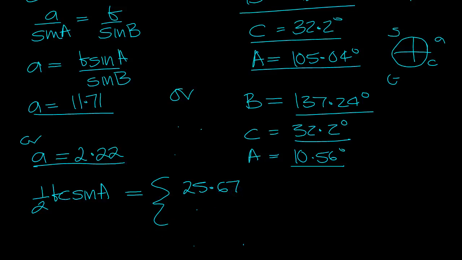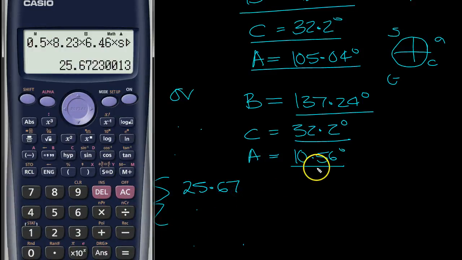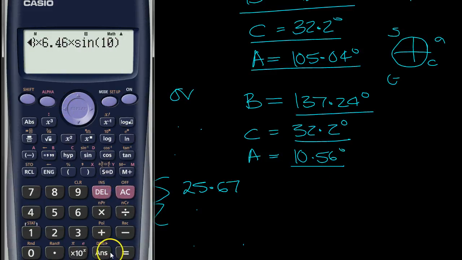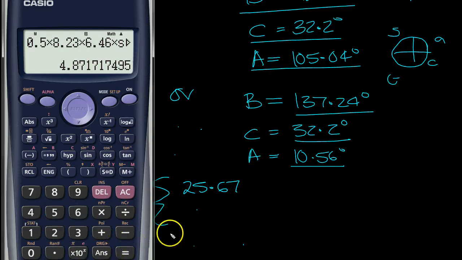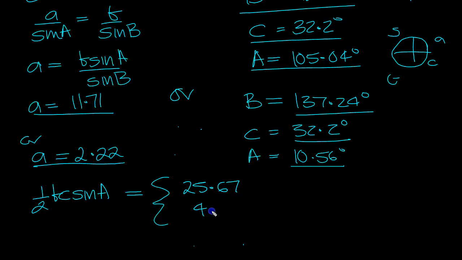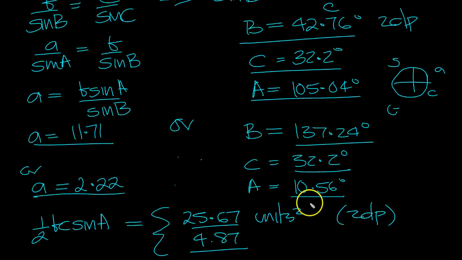Or the other one is when sine A, 10.56 is the angle. And that finishes the problem. 4.87. Units squared in both cases. And we did it to 2dp as well, didn't we? So there's the two areas of the triangle in the ambiguous case.